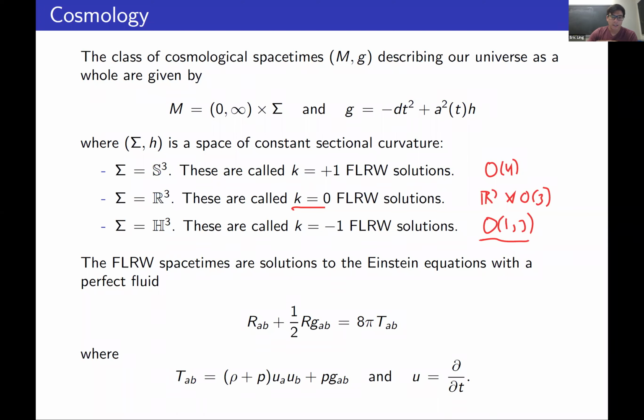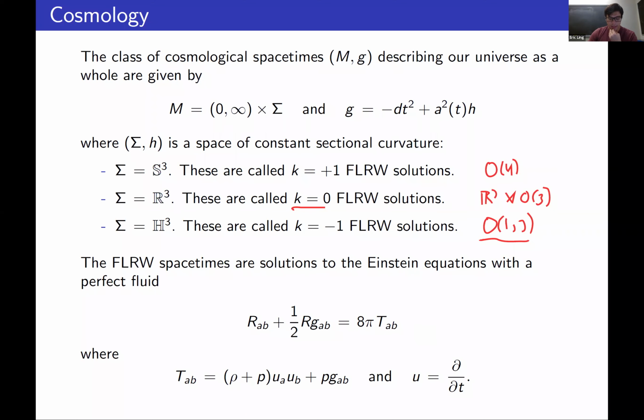So the FLRW spacetimes are solutions to the Einstein equations with a perfect fluid. Here I've written out the Einstein equations with a perfect fluid. When I write it like this, I'm assuming that the cosmological constant is absorbed into the stress energy tensor, so it's part of the rho and p that make up the Einstein tensor.